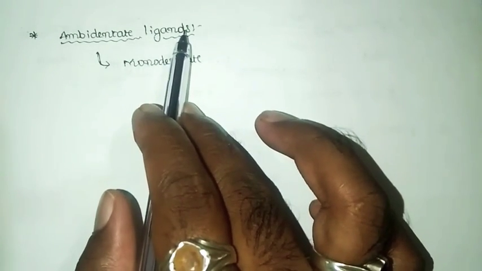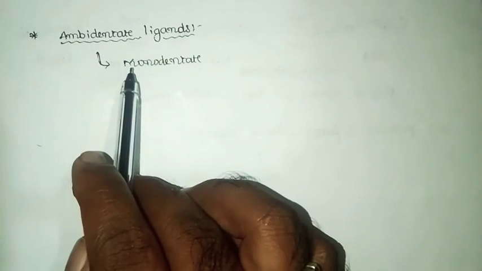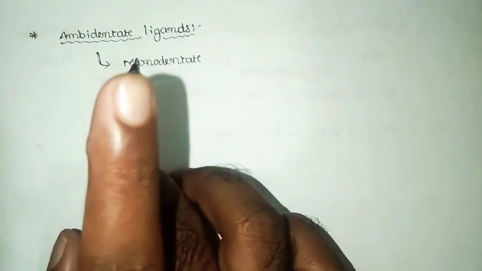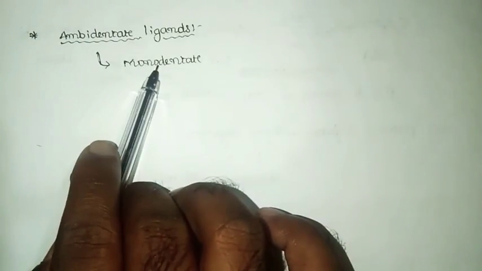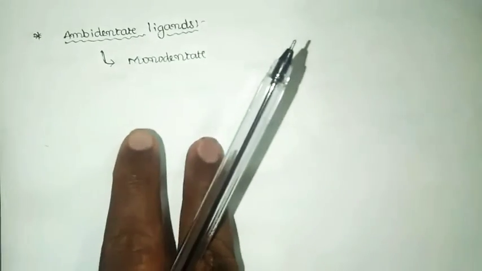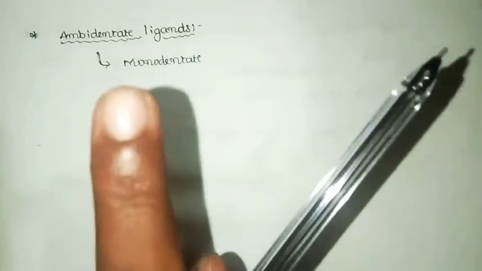But though more than one atom has the capability to act as a ligating atom, ligation, that is donation of electron pairs to the central metal atom or ion, will occur through one atom only. Two atoms can act as ligating atoms, but ligation takes place through only one atom. Such monodentate ligands are called ambidentate ligands.